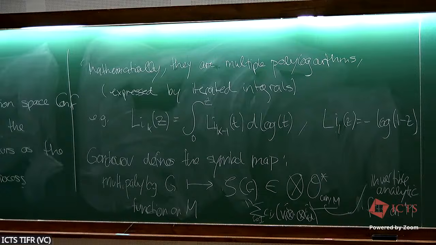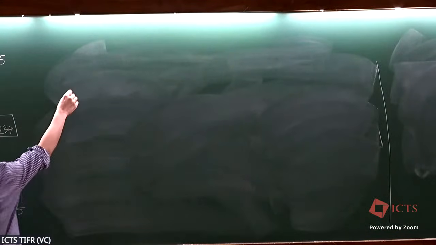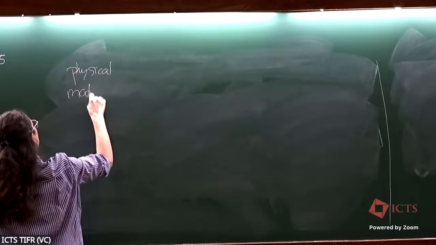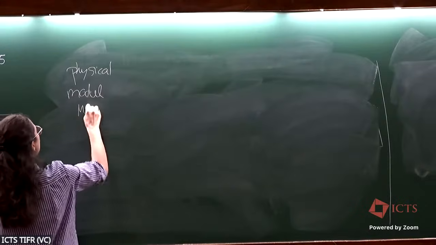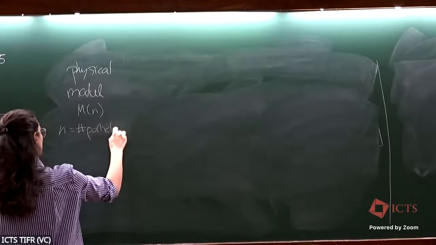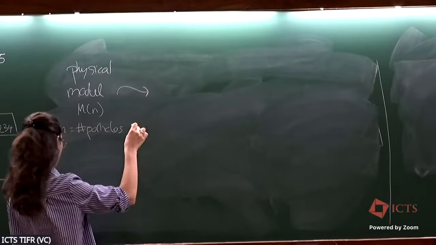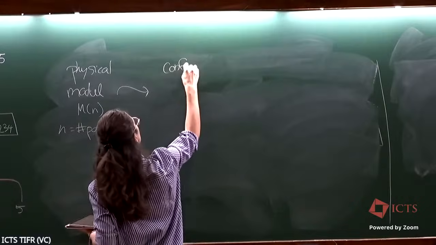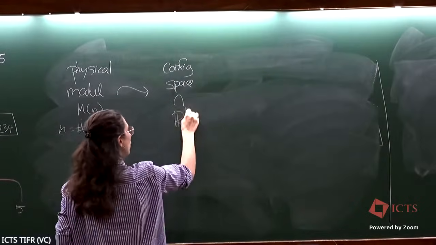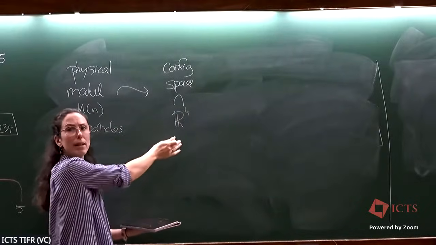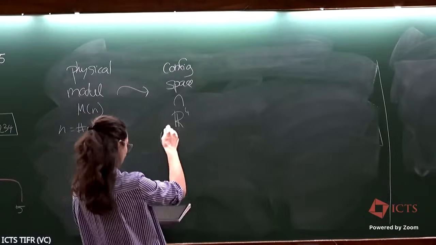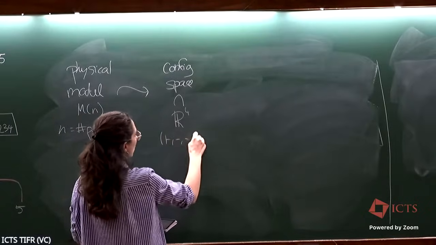And here's the kind of roadmap. We start with some physical model, let's call it M_n, n being the number of particles. I go to the configuration space, which naturally lives in R^4. If you didn't know, we're living in R^4, not R^3. The fourth dimension is time, and this space has an inner product with this signature.